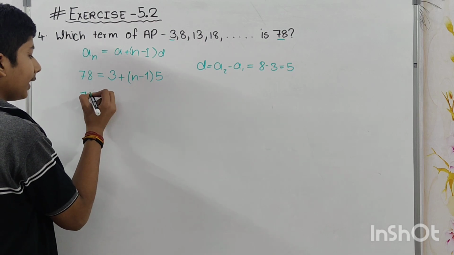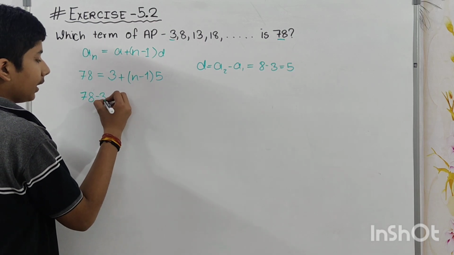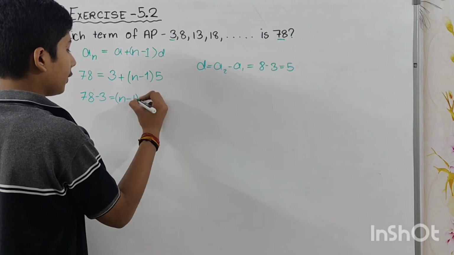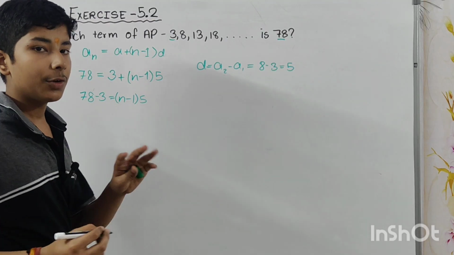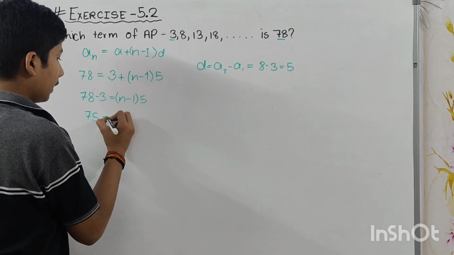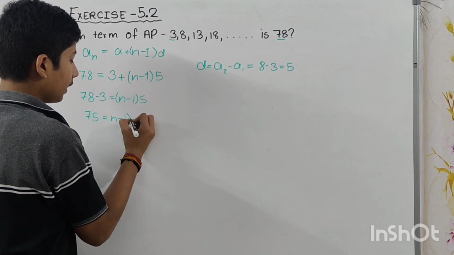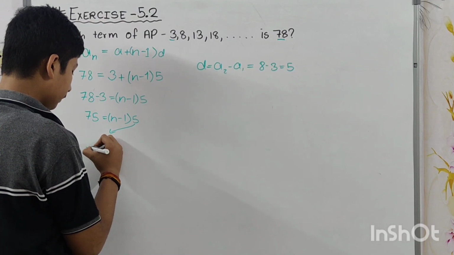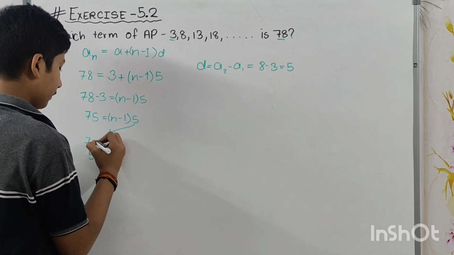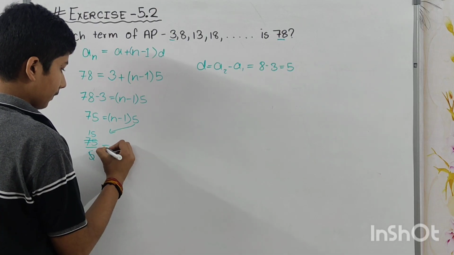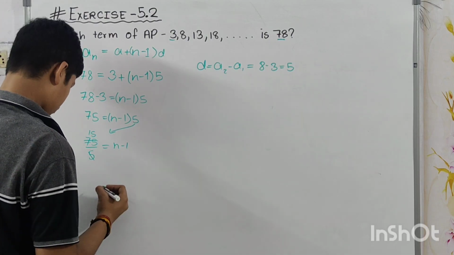Now 78 minus 3 equals n minus 1 into 5. No need to multiply this. So 78 minus 3 is 75, equals n minus 1 into 5. If we send it that side, it will become upon 5. When we cancel, it becomes 15 equals n minus 1.